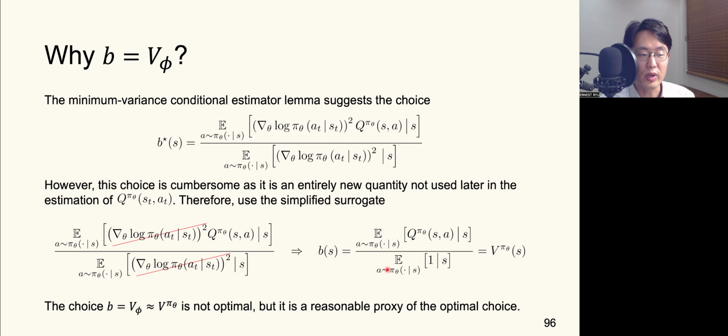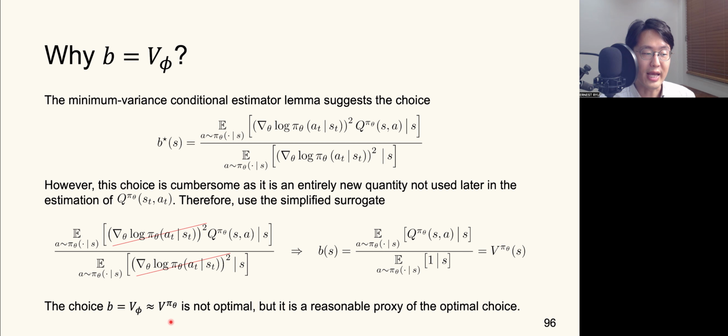Then what I'll get is, in the denominator, just 1, and in the numerator, q. And if we look at what this q is, the conditional expectation of q with respect to a is actually just the value function at state s.